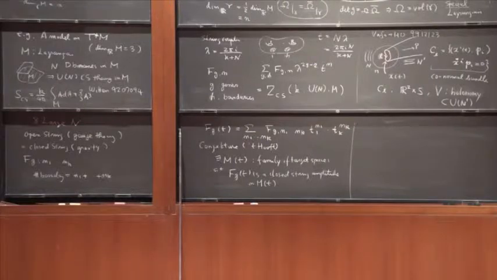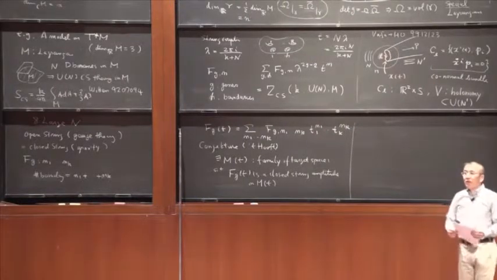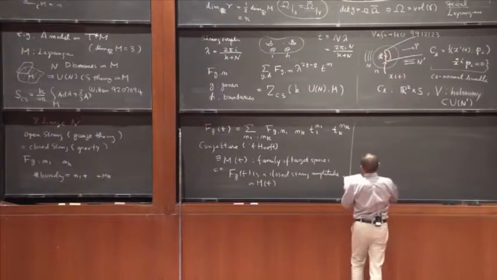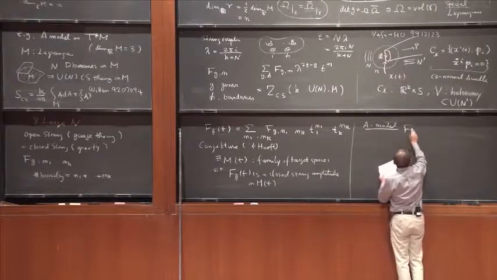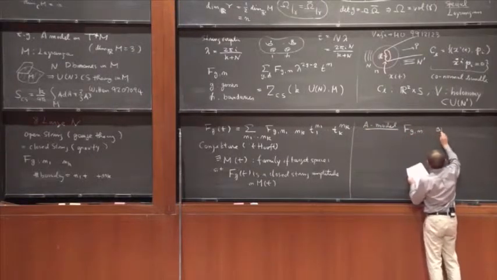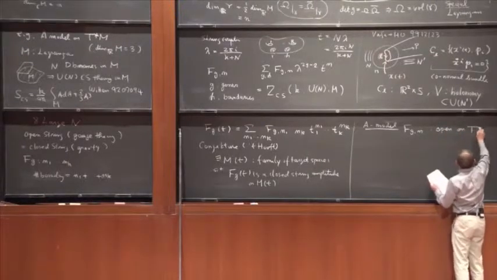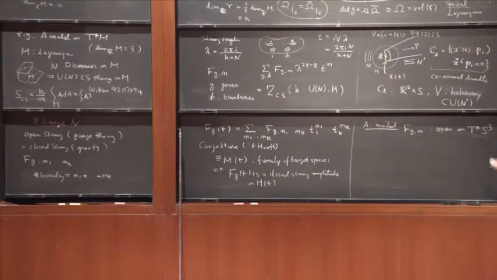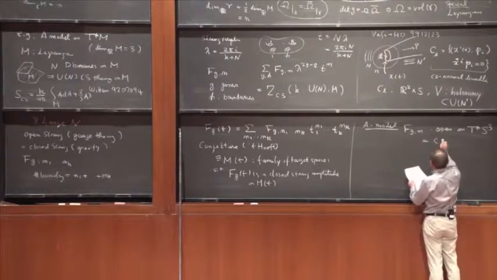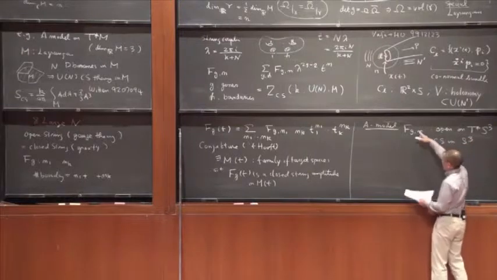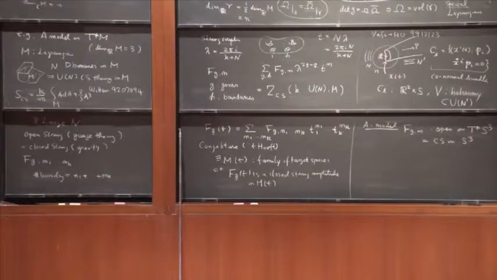So let's take an example from the A model associated to Chern-Simons theory that I just talked about. So in that case, Fg of n will be open topological string on T star, say, of 3 sphere. So let's take M up there to be 3 sphere. So then, without using large-n duality, that should be related to Chern-Simons theory on S3. So this statement has nothing to do with large-n duality, just a formulation of open string perturbation theory in terms of string field theory.